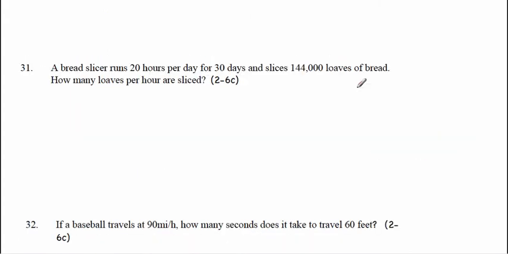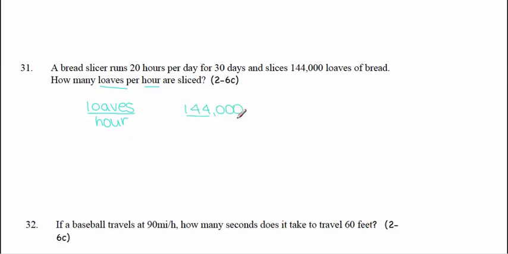Example number 31, a bread slicer runs 20 hours per day for 30 days and slices 144,000 loaves of bread. How many loaves per hour are sliced? So here is my ratio, loaves per hour. So my numerator has to be loaves, and my denominator is per hour. So my loaves, I know that it slices 144,000 loaves of bread.